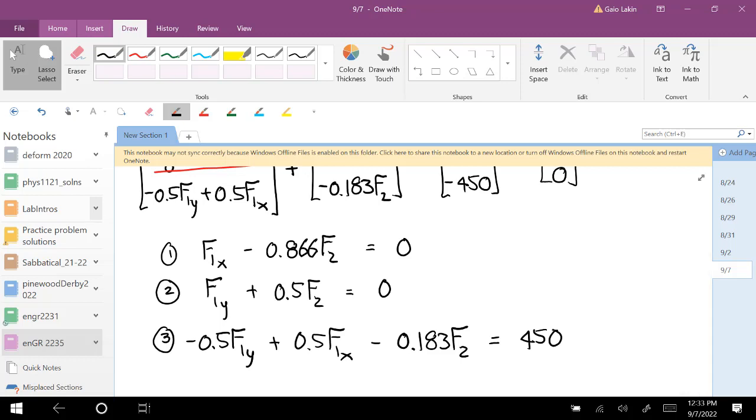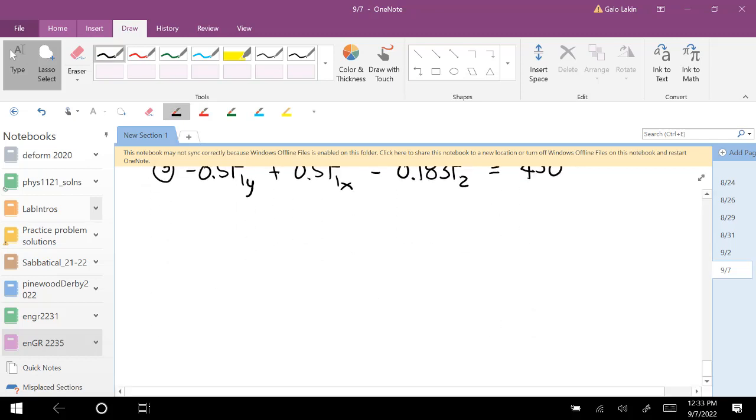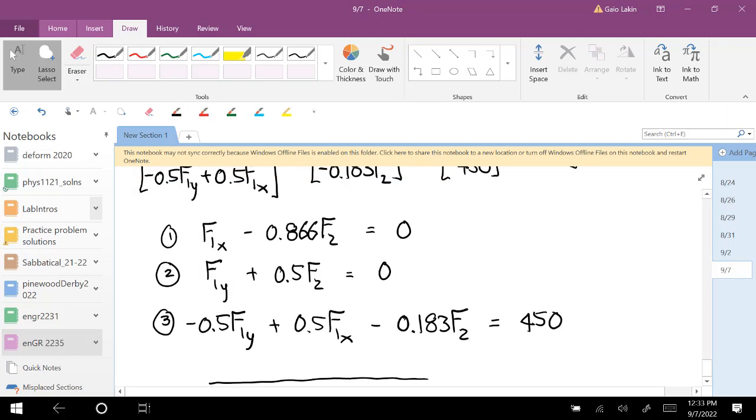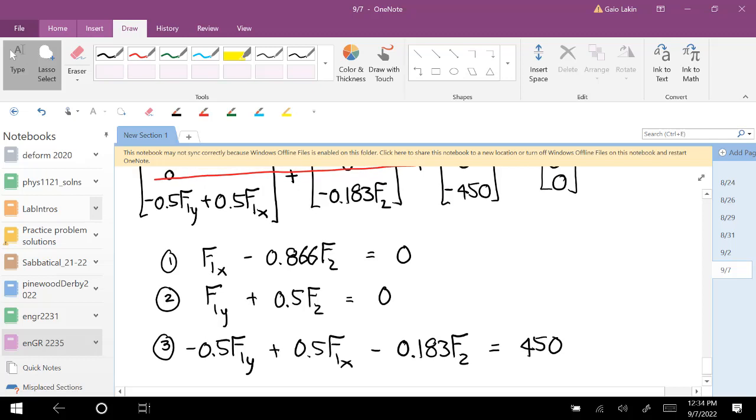Well, you could solve this through a complicated system of substitution, but it's easier to just plug it into reduced row echelon form. So let's write this out. We have 3 equations, 3 variables. Look at the variables and make sure we can solve it. F1x, F1y, and F2 are 3 variables, so you can solve that with 3 equations.